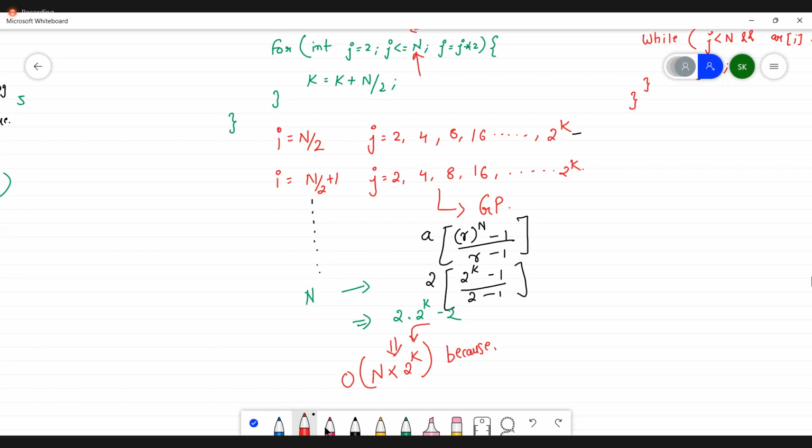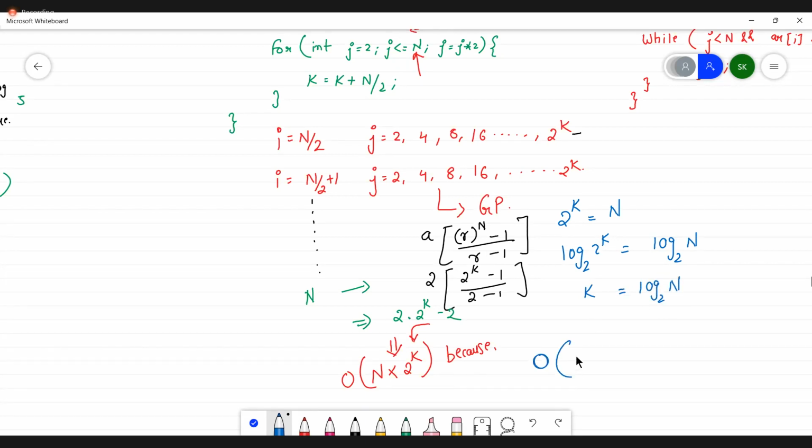Or you can do it like this, assuming 2 to the power k will be somewhere equal to n. So you can take log on both sides. Here you will be getting k equals log n. So what will happen?